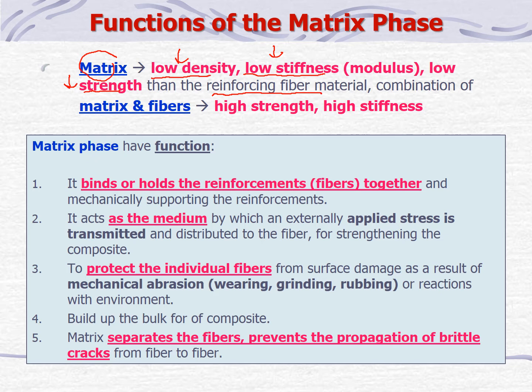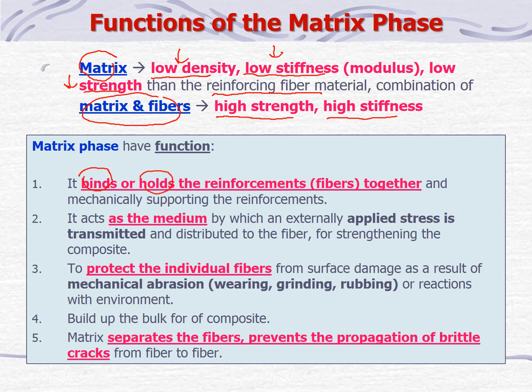So we add the reinforcement to the matrix, and matrix plus reinforcement phase or fibers will produce a high strength, high stiffness material. The matrix phase has several functions. The first one is to bind or hold the reinforcement.